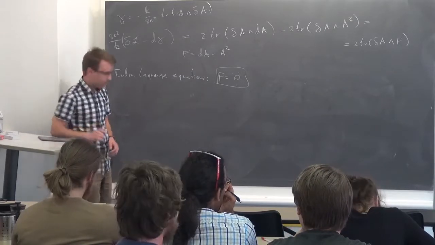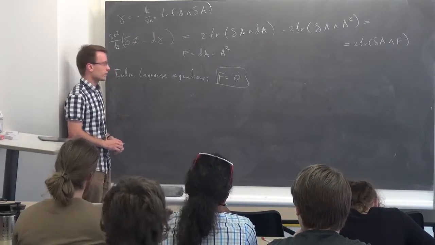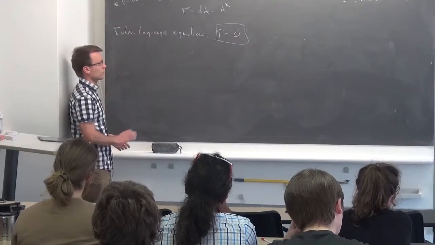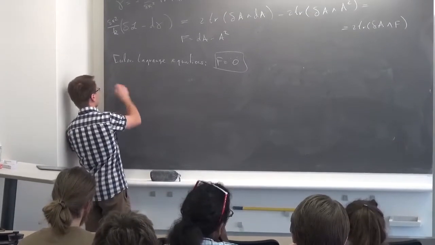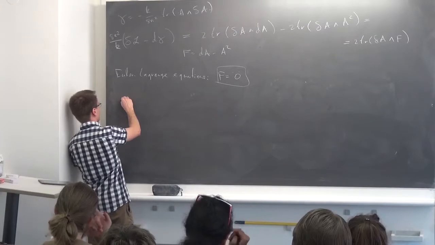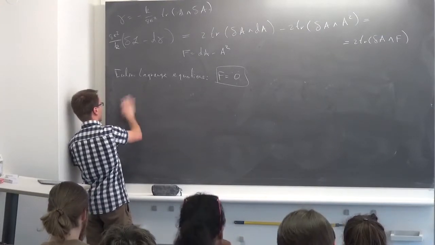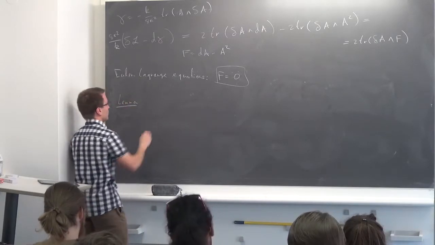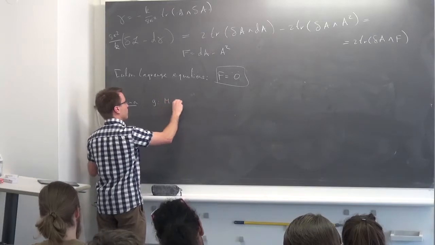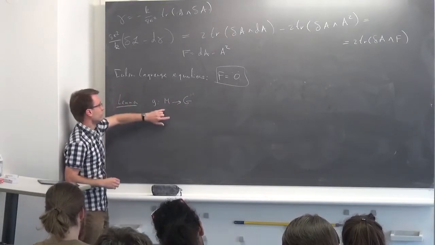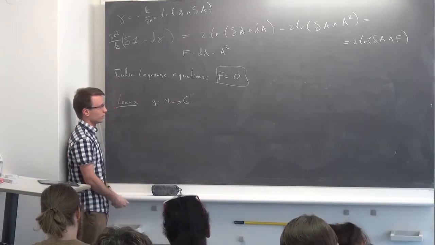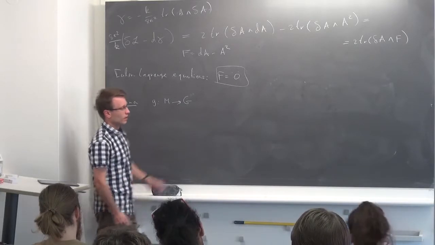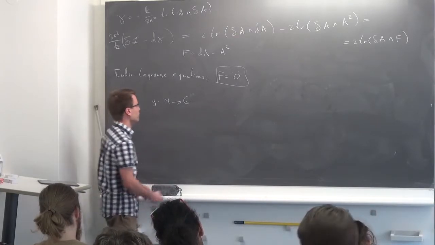Right, so now I'll talk about gauge invariance of this action. And for this, let me remind you what happened in the homework for today. So let me state this as a lemma. If you have a G, which is a map from M to the group, you can act by this gauge transformation on the connection A, and the action will change in some way.